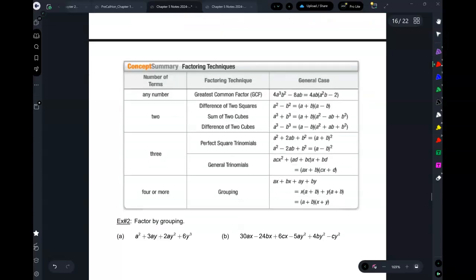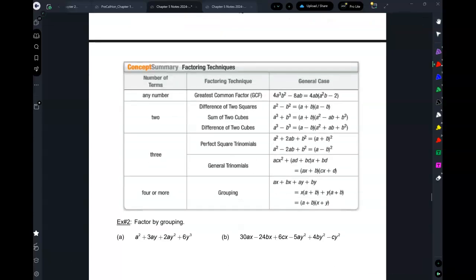Okay, so now take a look at this one. This basically just sums up all of the different ways that we've had to factor. And usually we go by the number of terms we have, right? So factoring out a GCF goes for any number of terms. If you have a binomial, 2 terms, you're going to use one of these, right? A squared minus b squared, a cubed plus b cubed.